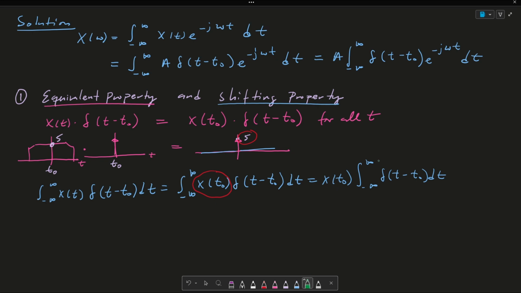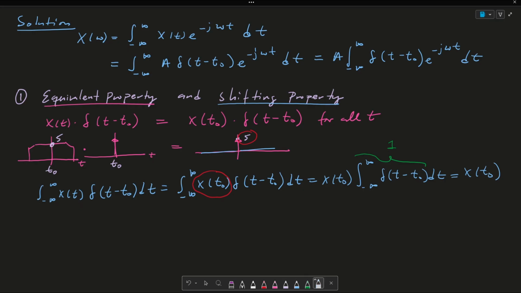If you integrate the delta function from negative infinity to infinity, you will just get 1. So essentially, this becomes x of t0. Long story short, the shifting property says that if you were to integrate a value x of t by the delta function, you will just get that value x of t at t equal to t0.